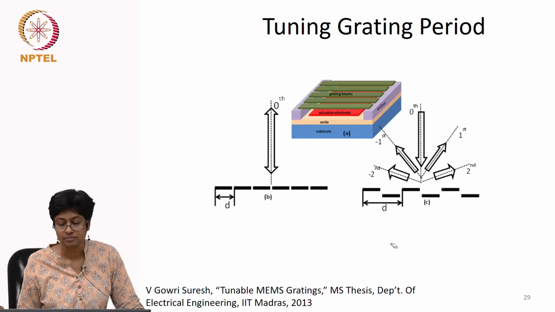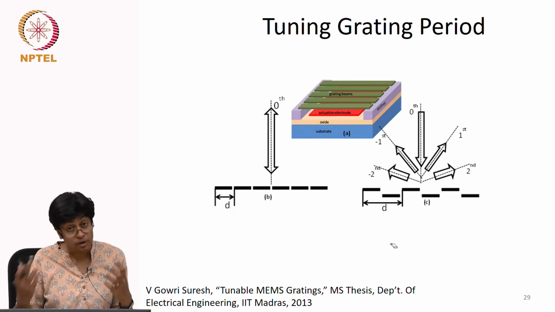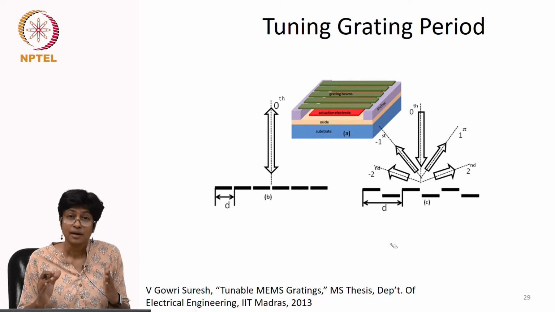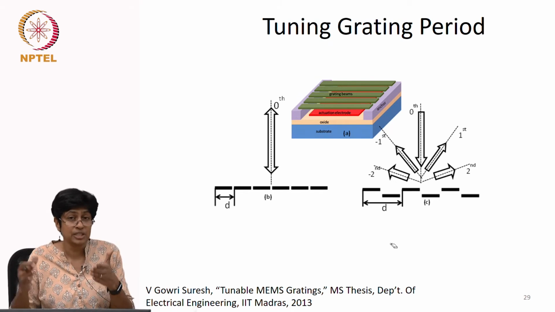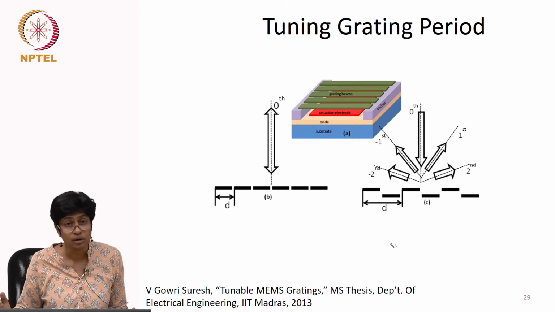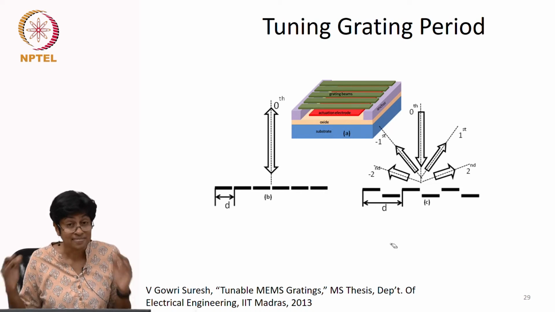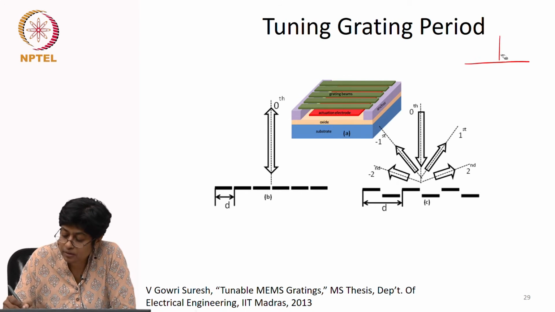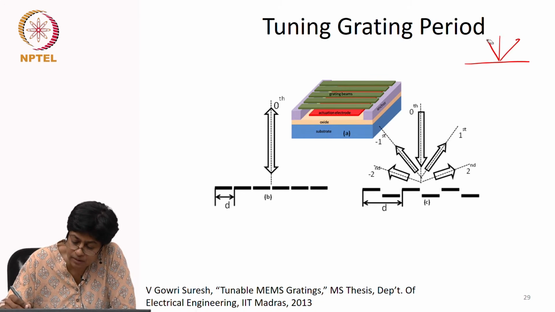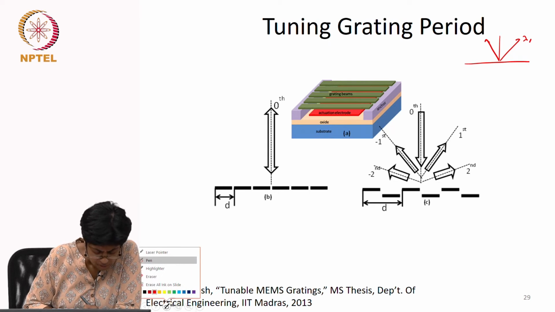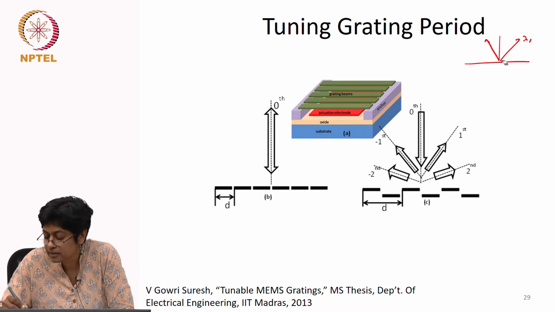Okay? So you can do a lot of funky things with gratings. Gratings are used in spectrometers because, recollect, every expression that we have arrived at has been arrived at for one wavelength. And that means I will get a number, the first order, minus first order. This is for lambda 1. But if I have now a second wavelength incident, maybe that lambda would go here.